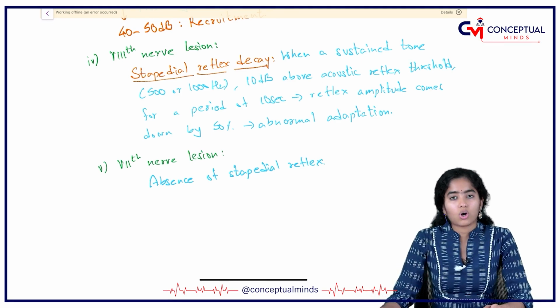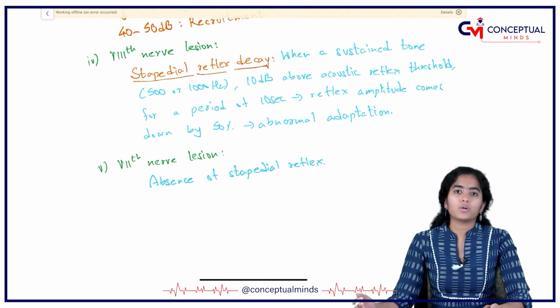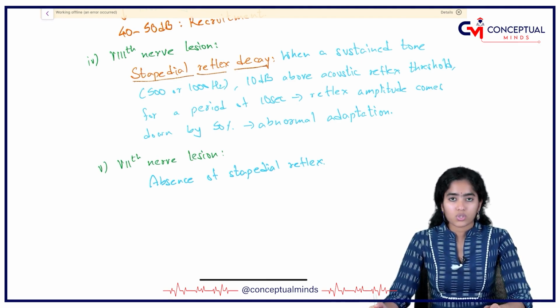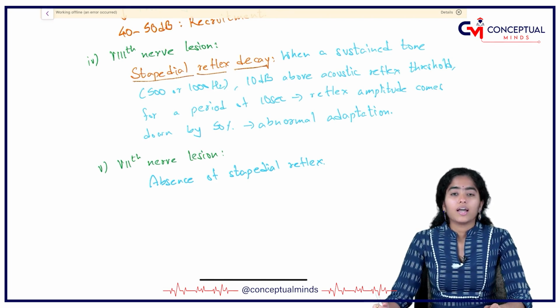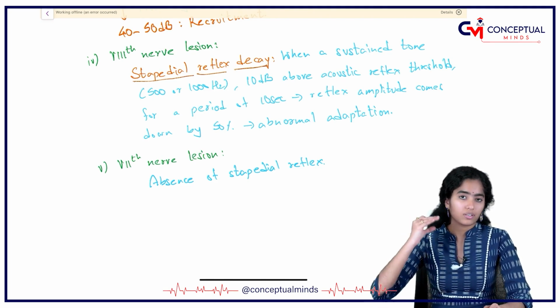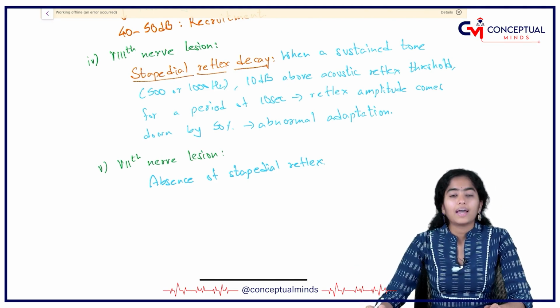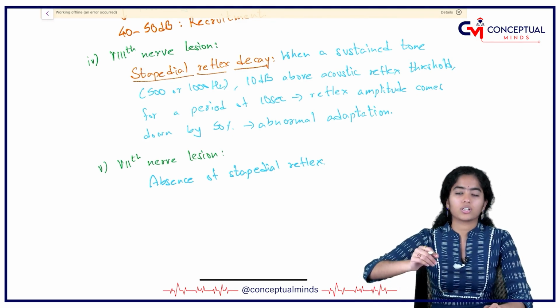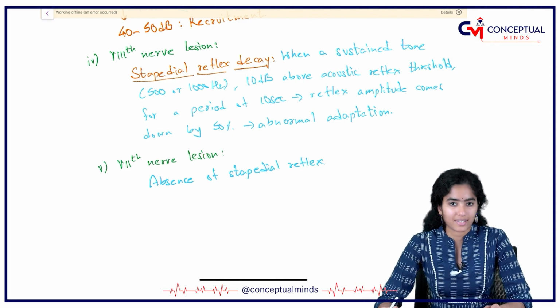When the hearing is normal and there is no reflex, you can understand that there is some pathology in the 7th nerve. And also, where is the pathology? It is proximal. Now, the 7th nerve, facial nerve, has a long course. If the stapedial reflex is absent, you can understand that the pathology is proximal to that part where the facial nerve is giving a branch to the stapedius muscle.